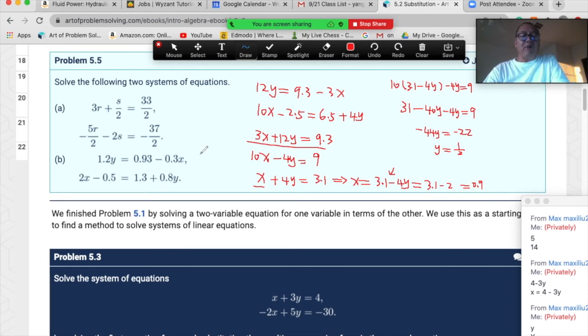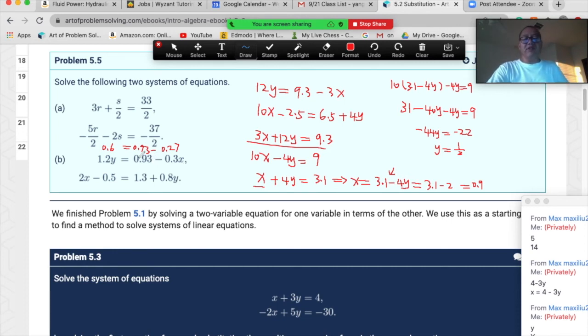Now let's plug back into the original equation. So here, y equals 1/2, so that means this one equals 0.6. So is this one equals 0.93 minus 0.3 times 0.9, that's 0.27, right?